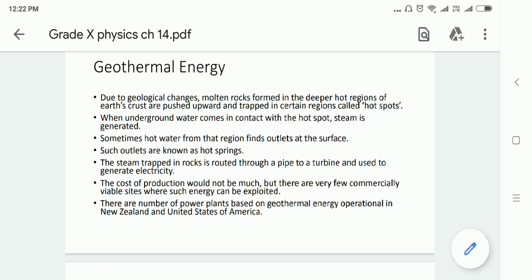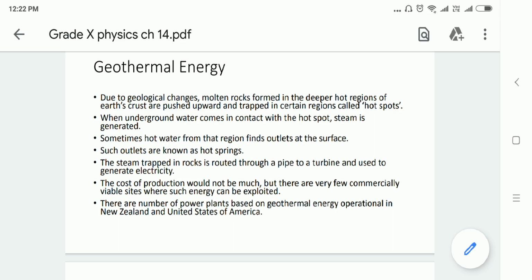These hot springs or the steam of that hot water can be transferred through a pipe and utilized to turn a turbine, which generates electricity. Here the cost of establishing the power plant is not that much, because this hot water is directly available from the natural source. We just need to transmit it from that spot to the turbine.